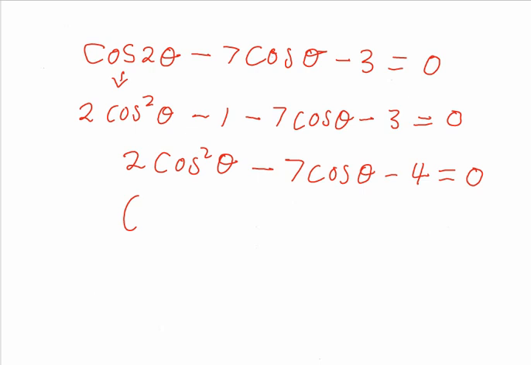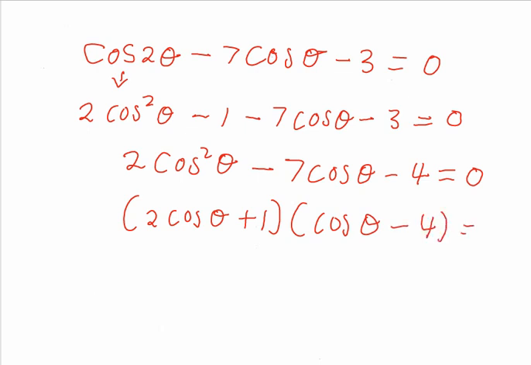So if you simplify this, you have 2 cos theta plus 1 and another bracket of cos theta minus 4, all equals 0. This results in two equations. The first is cos theta equals negative 1 over 2, and the other is cos theta equals 4.